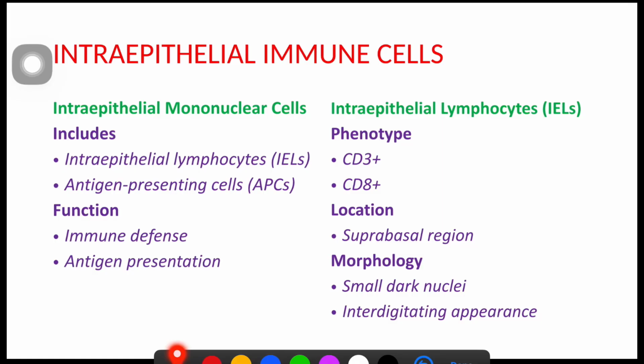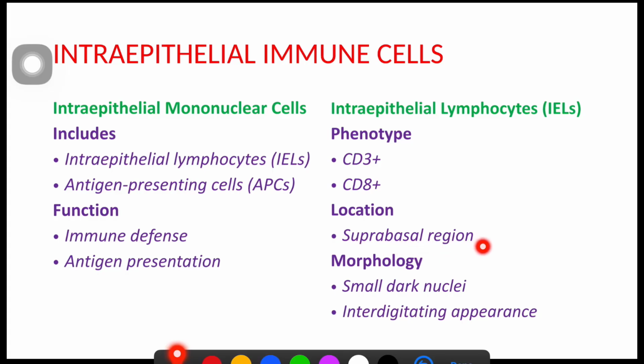Now, intraepithelial immune cells. Intraepithelial mononuclear cells include intraepithelial lymphocytes and antigen presenting cells. They have the function of immune defense and antigen presentation, right? Now, intraepithelial lymphocytes are CD3 and CD8 positive.